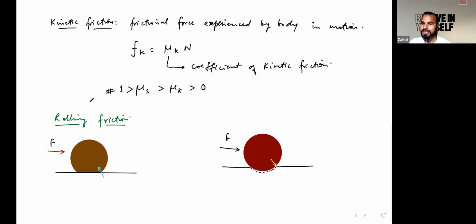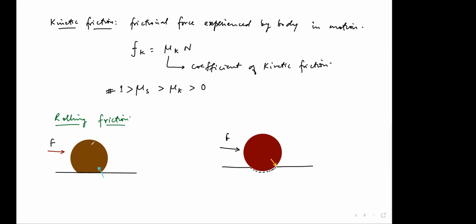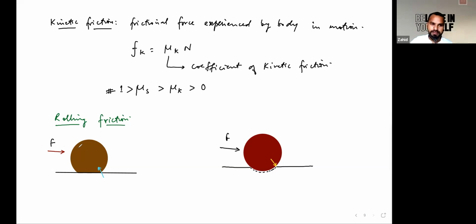Khalid, is it clear? Can you explain rolling friction again? Okay, just one minute. Yes, sir. In the first part, I've taken the wheel to be soft compared to the track. So the track would have a tendency to deform the wheel according to its shape.